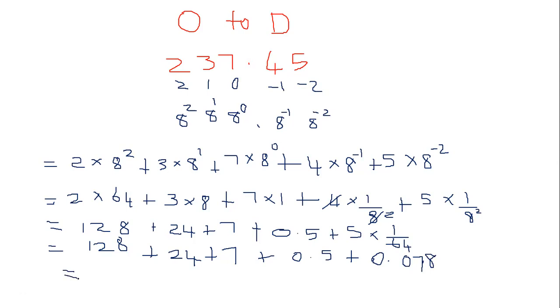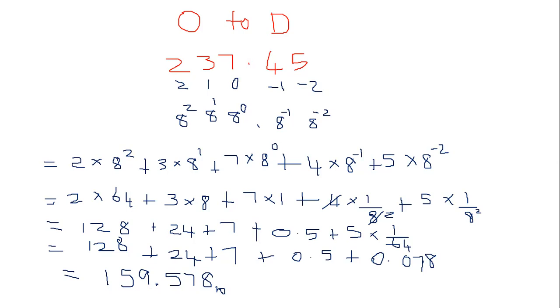When you add all together, you will get 159.578 of base 10. So the given question was 237.45 and you will get the answer 159.578 of base 10. This is how we will do it.